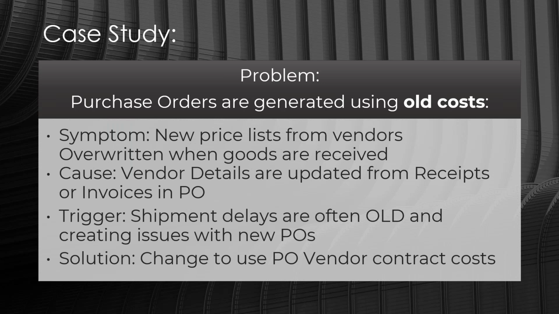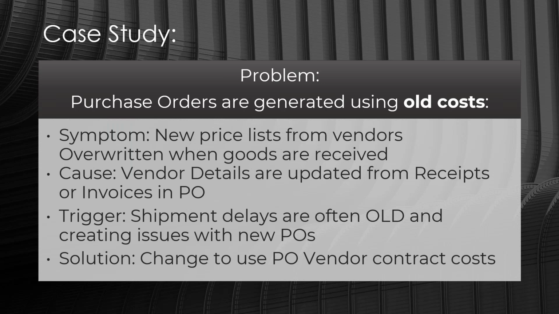Because of all the issues with the pandemic, the shipping and the inflation and everything else, the customer used to import their vendor costs usually annually when they got the new price list updates. The vendor would send them the new costs. They would copy and paste that into an import, and import it into their vendor details area, which we're going to take a look at here in a second.